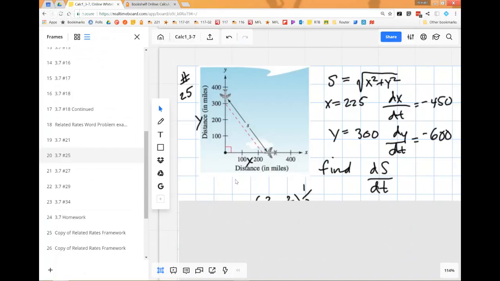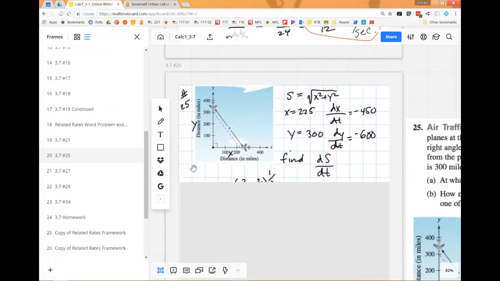The actual distance between the two planes. So I can write that down. We know how to do that. That's s squared equals x squared plus y squared. Good old Pythagorean theorem. So all of this is given, and we want to find ds dt. At what rate is this distance s decreasing? So there's our problem.